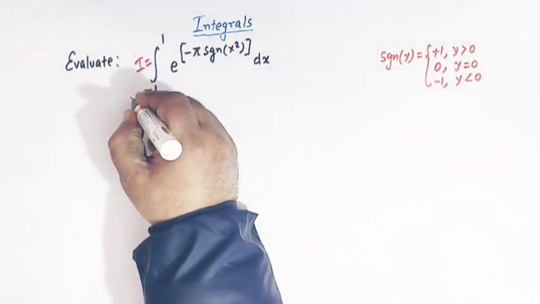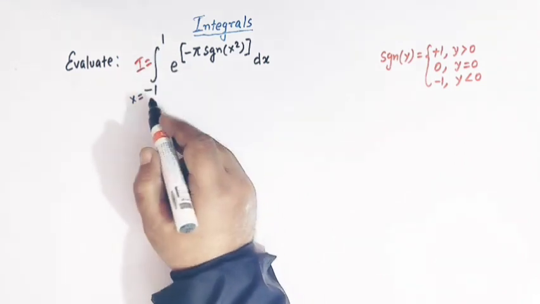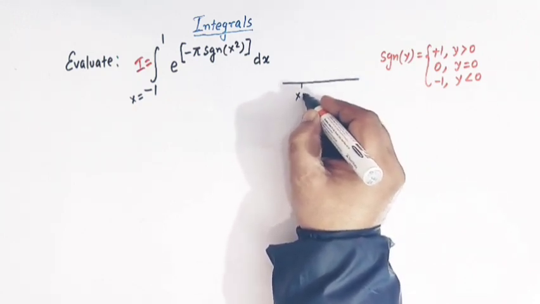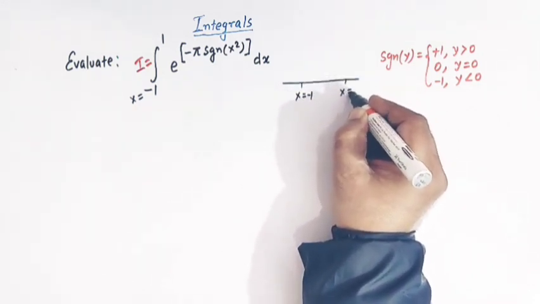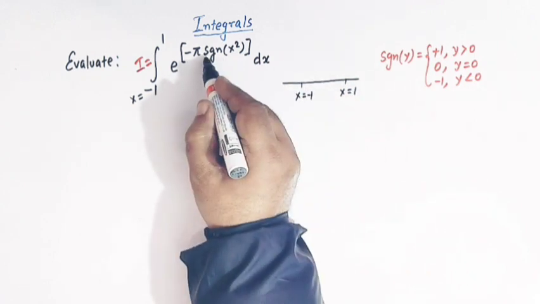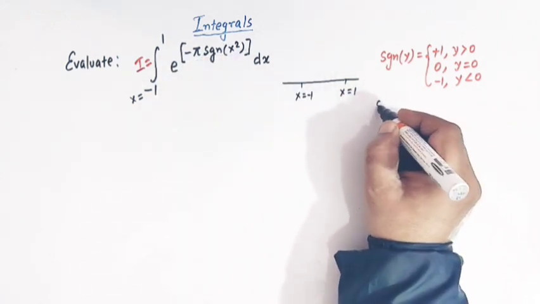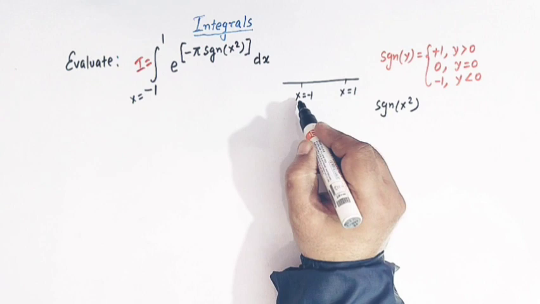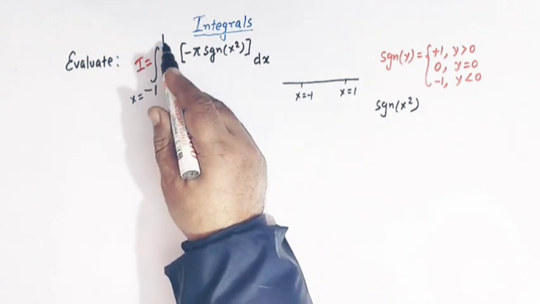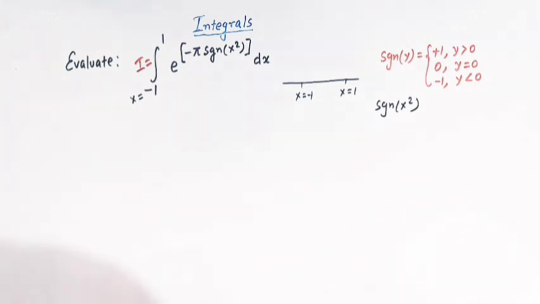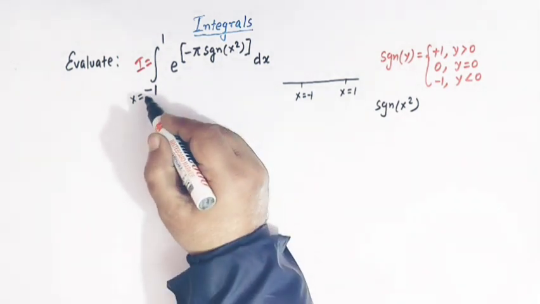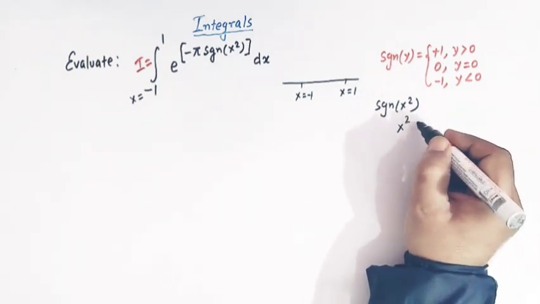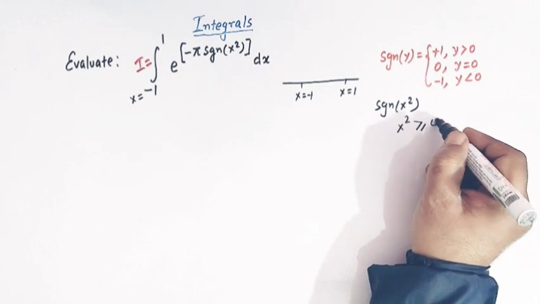Now see here the limits of integration vary from x is equal to minus 1 to 1, right? So here we have x is equal to minus 1 and here we have x is equal to 1, and here we have a signum of x square, right? Now see, whenever x takes any value between minus 1 to 1, then x square is always greater than or equal to 0.